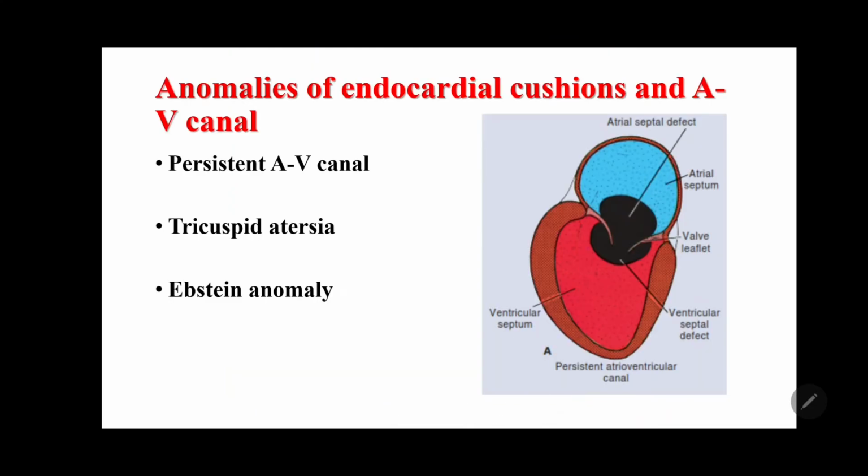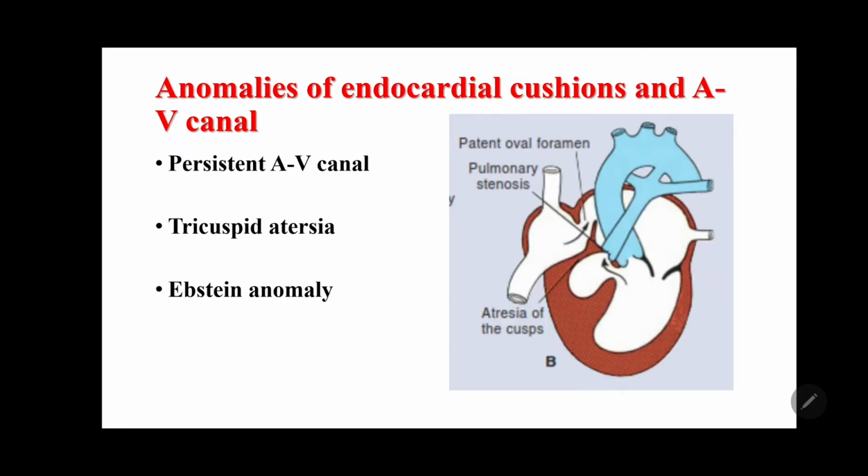Next, coming to the anomalies of the AV canal. Sometimes the AV canal may be persistent without the formation of the AV valves, where the atria and ventricles are communicated without any separation. In tricuspid atresia, sometimes the valves do not form, resulting in right atrial hypertrophy.